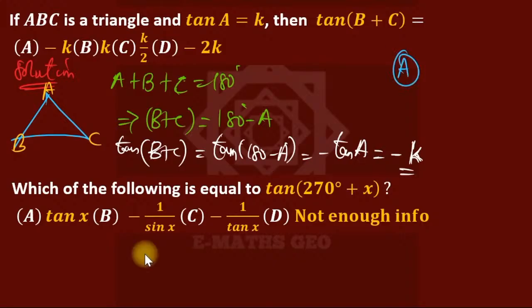So why the second one? We are asked which of the following is equal to tan (270 plus x). We can still solve this without a calculator, without trial and error. So how do I do it?